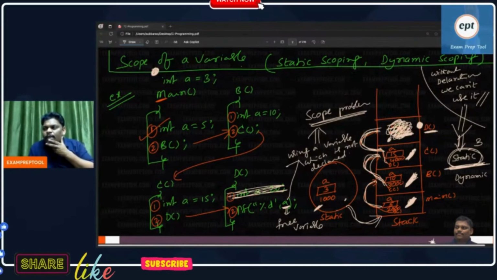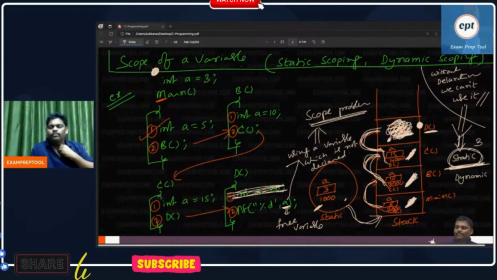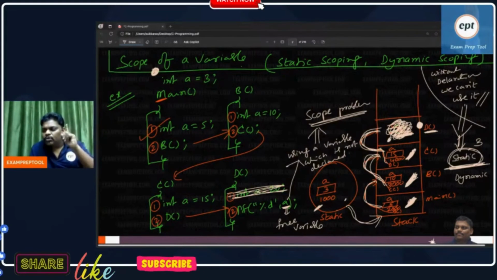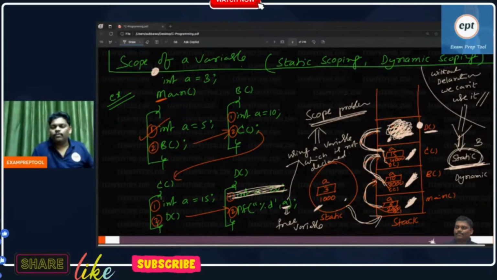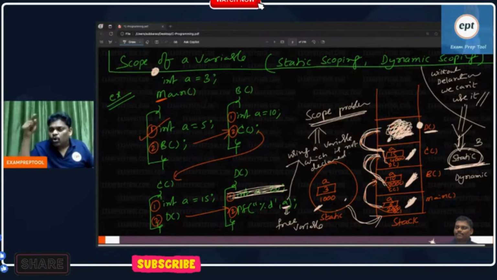I said to the compiler, hello compiler, anywhere you find a scope problem, please resolve it. Then what will the compiler do? While compiling, if you see a scope problem, please resolve it.